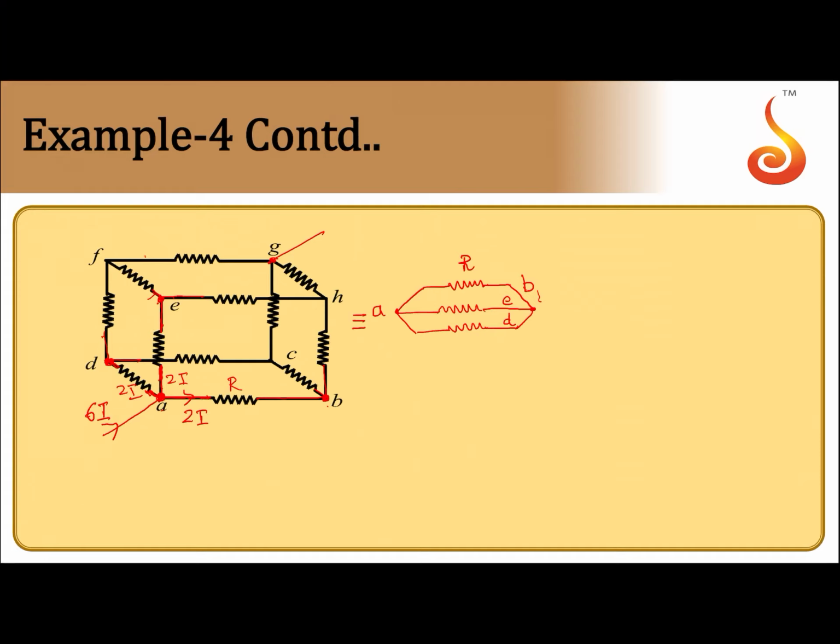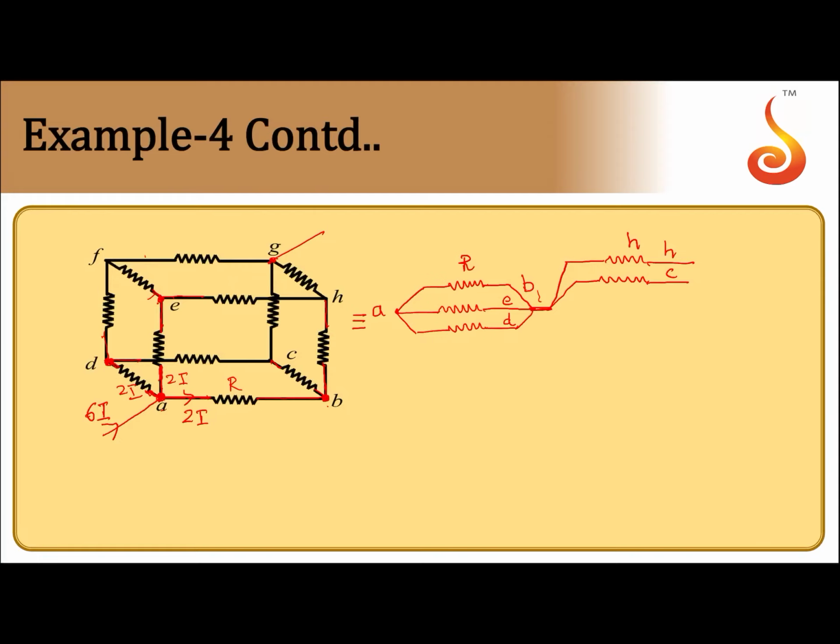Now, from here onwards, if you consider B, one current goes to H, one current goes to C. So, from B there are 2 connections, one goes to H, one goes to C. I will write H here, one goes to C.